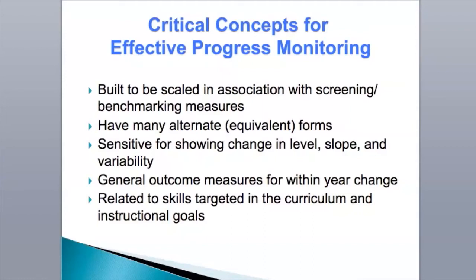And we'll have anywhere from 13 to 17 measures at a grade level, and that would be sufficient certainly for monthly progress monitoring. But realize that these general outcome measures, change is important for within-year growth, and this change should be targeted in the curriculum and in instructional goals.